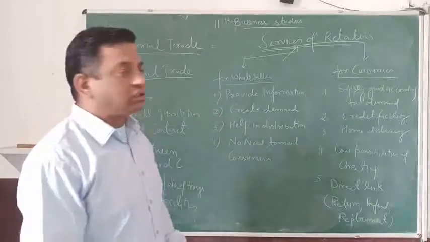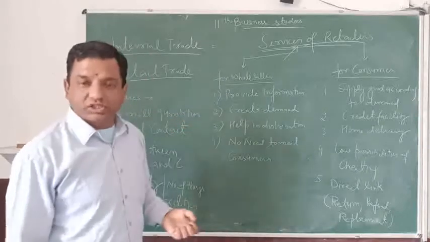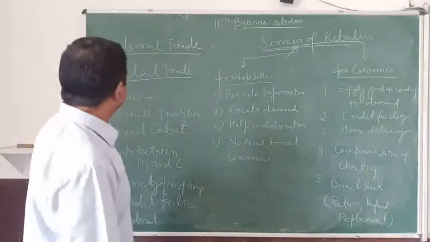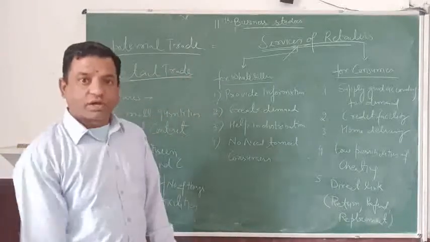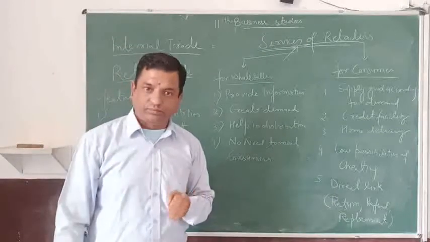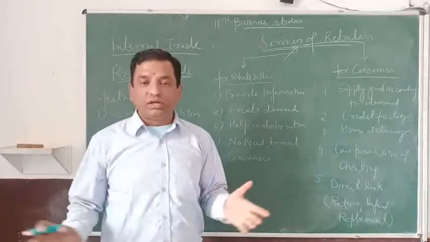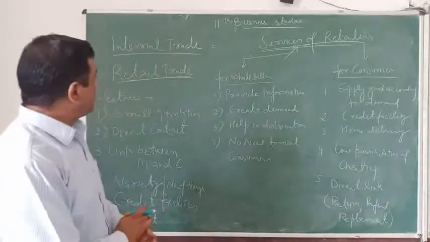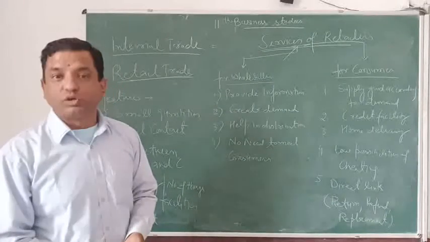So now today's topic is the second and next component of internal trade, that is retail trade. Retail trade is that trade in which a trader deals in a variety of goods, and he has a direct link with the consumers.